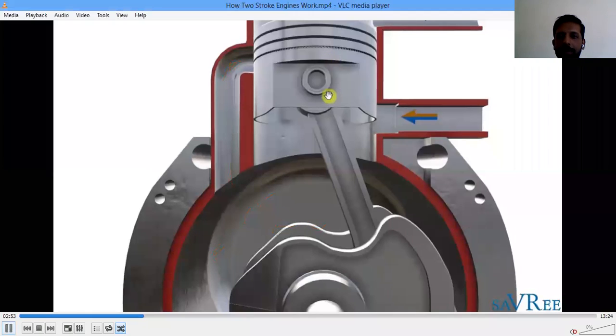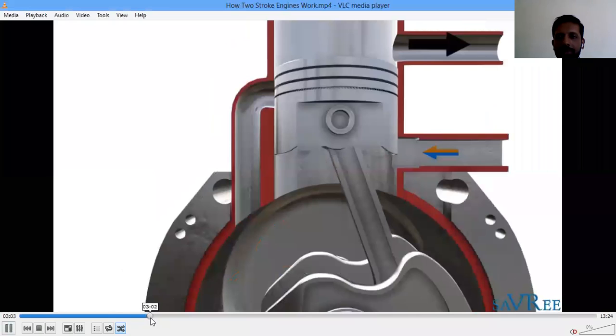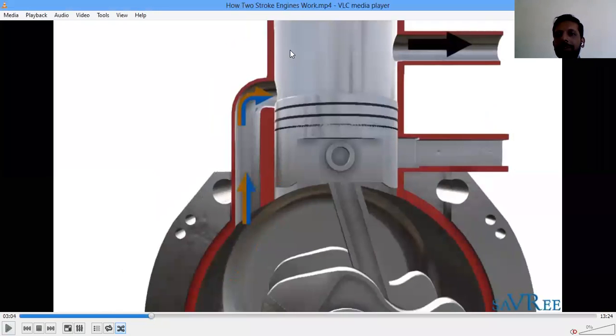Now look here, as the piston moves downward, it is going to open the exhaust port, allowing the exhaust gases to go out, and block the inlet port. So no more fuel can enter. The fuel that was already present in the crankcase is now moving towards the transfer port.